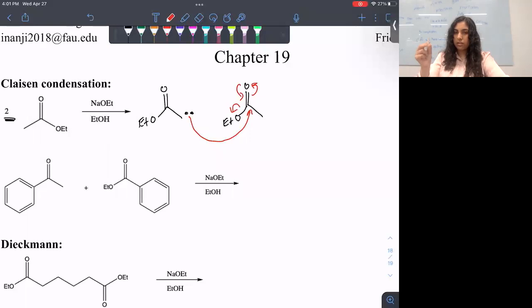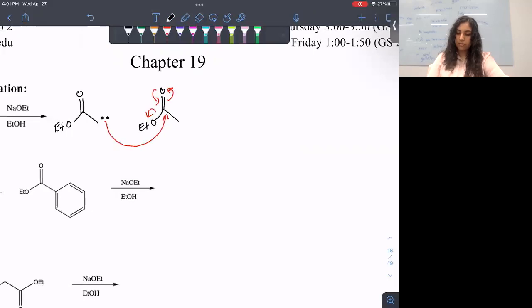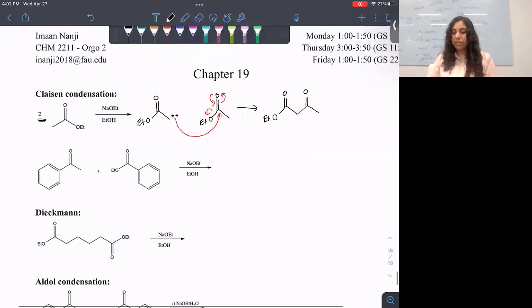So it's going to attack, go up, reform the carbonyl, and then eject the OEt as a substitution mechanism. And then it's Claisen because you're condensing 2 esters together.